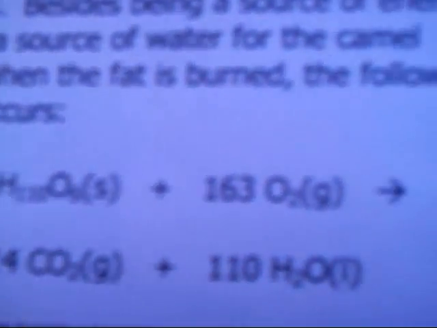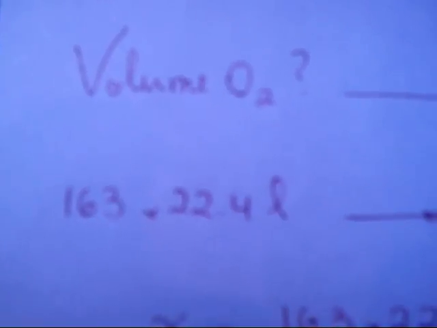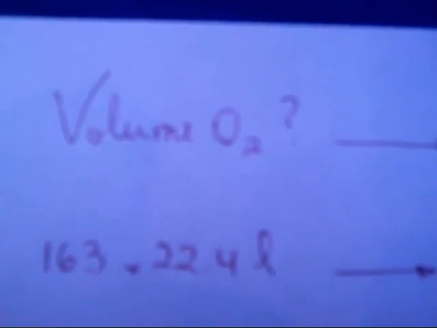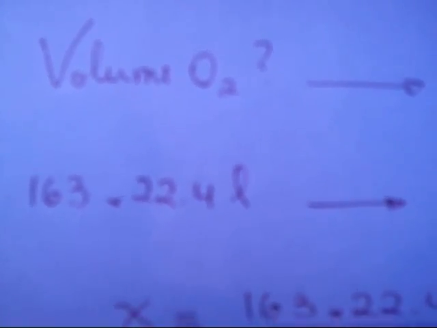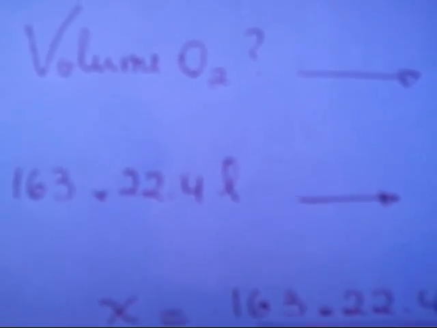what's the volume of oxygen that we need for burning 0.64 moles of the fat? That's very simple, because I have an X, I don't know the volume of the oxygen to react with 0.64, but I have the information in the chemical reaction, which says that 163 moles of oxygen will react with 2 moles of the fat. Now those 163 moles of the oxygen are moles, but I need a volume. Well, every mole is 22.4 liters. That's the molar volume for any gas at STP, standard temperature and pressure.